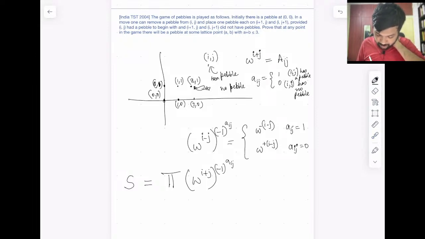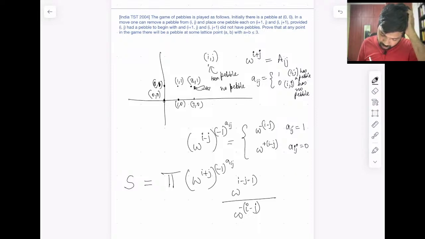So let me try one more time. Omega power i minus j, minus 1, omega power, minus, maybe I made a mistake. I forgot the negative sign or something.